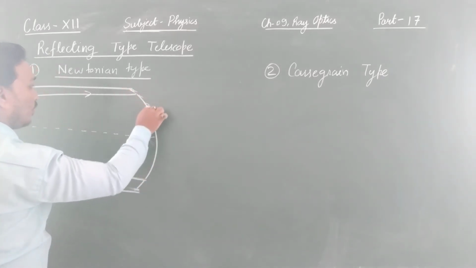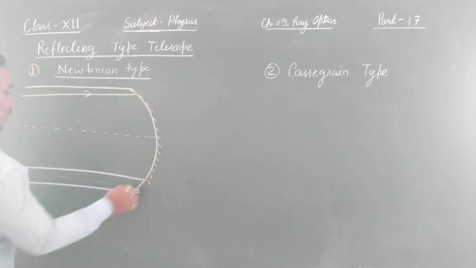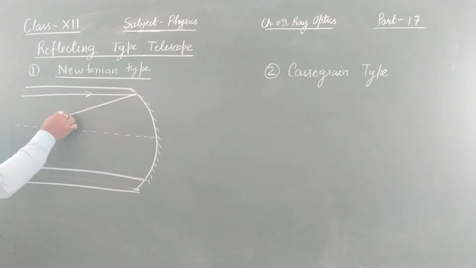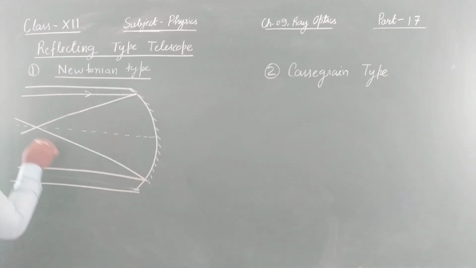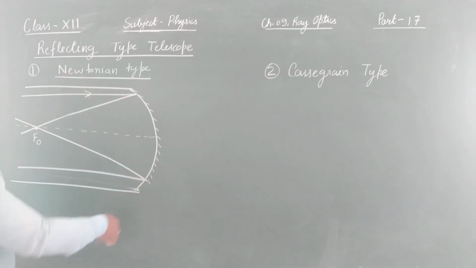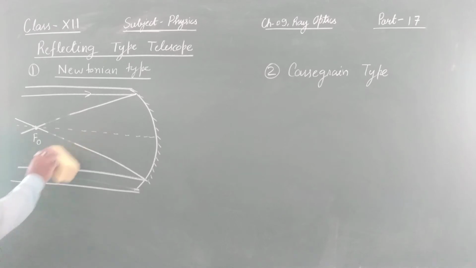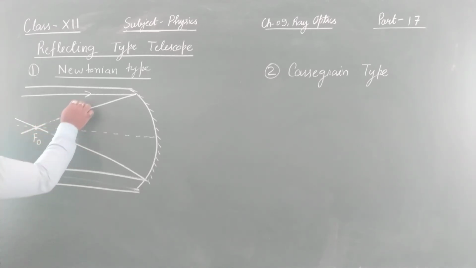This is a concave mirror. These rays, parallel to the principal axis, have a tendency to cut at the focus of the objective. This concave mirror works as an objective. But before they cut at the focus, they are collected by a plane mirror which is placed like this.